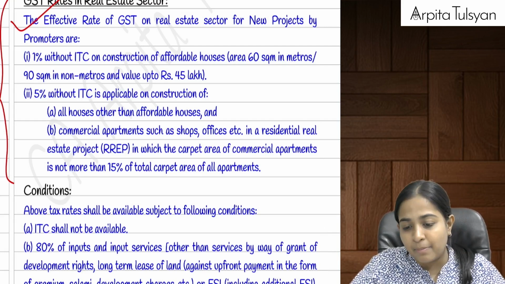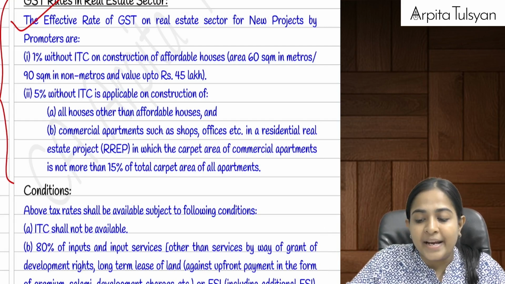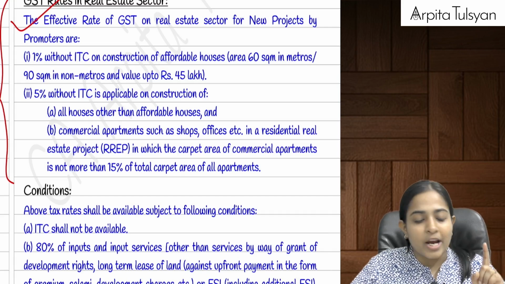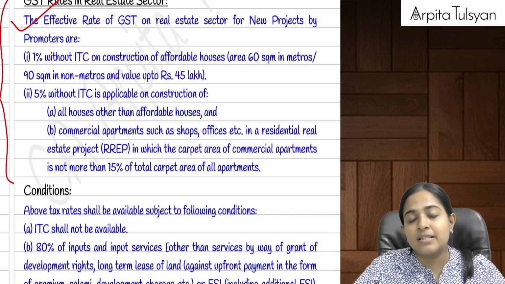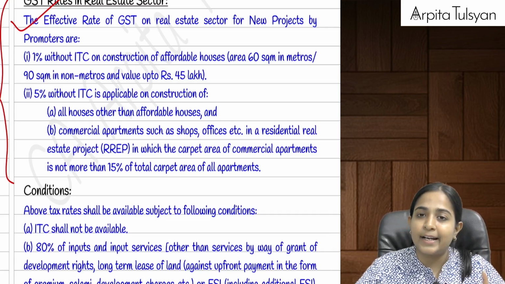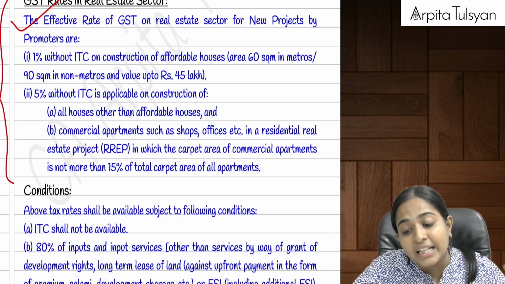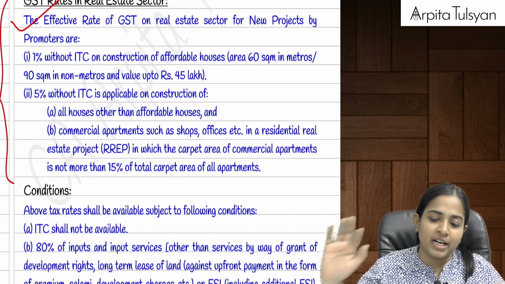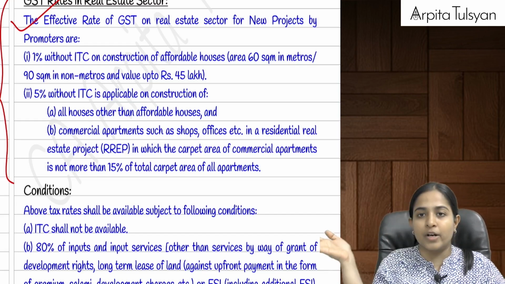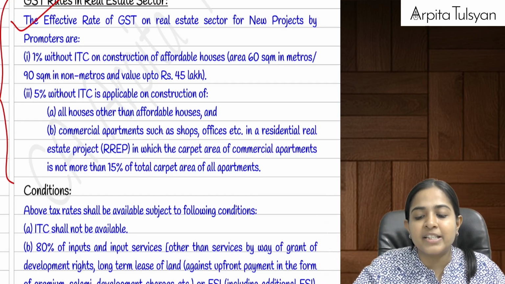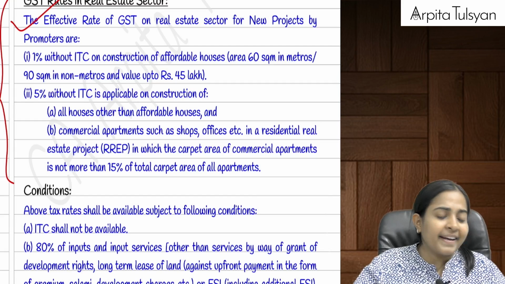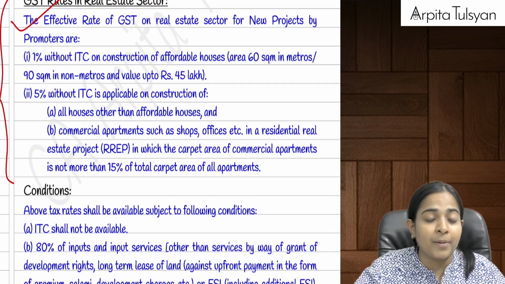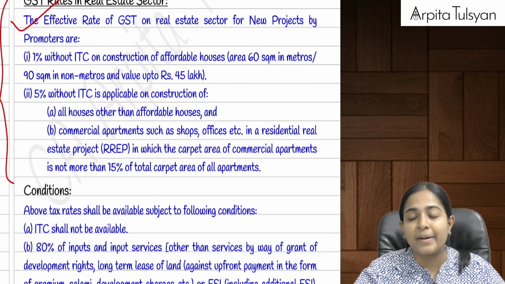On affordable houses, whatever is the sale consideration, they can pay GST at the rate of 1%. In case of other houses, that is, other than affordable houses, luxury houses, etc., the outward GST rate will be 5%. Can we say a discounted rate is given to them? On affordable houses, GST is payable at 1%. Other than affordable houses, GST is payable at 5%.